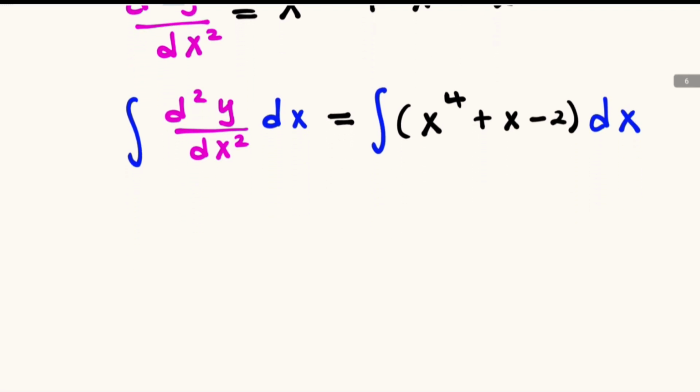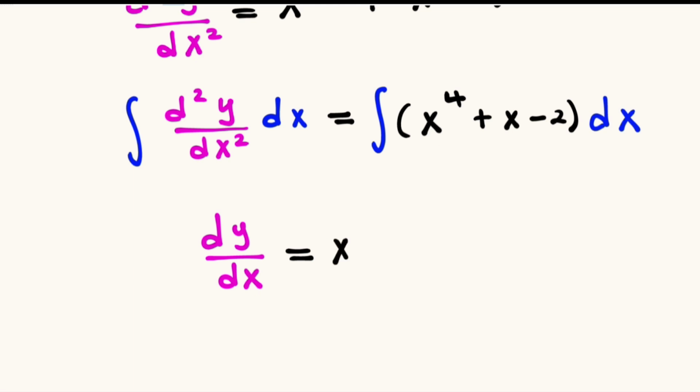The integral of the second derivative of y with respect to x will be equal to the first derivative dy over dx. This will be equal to the integral of x to the power 4, which is equal to x to the power 4 plus 1 divided by 4 plus 1.